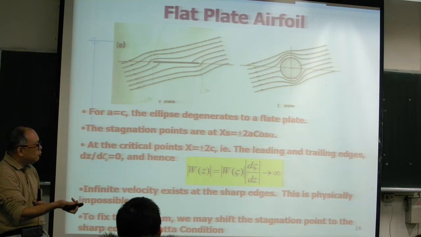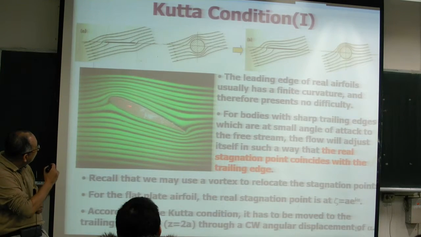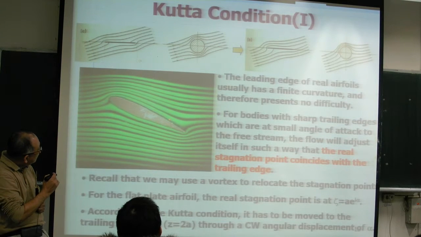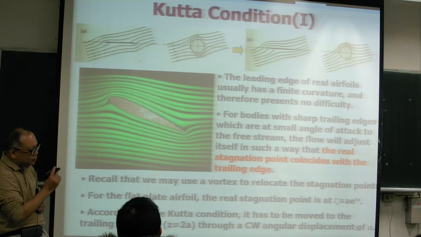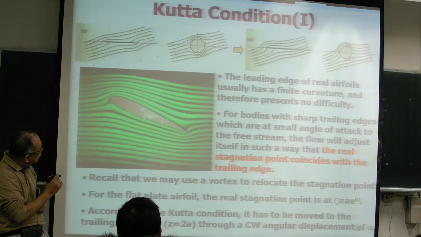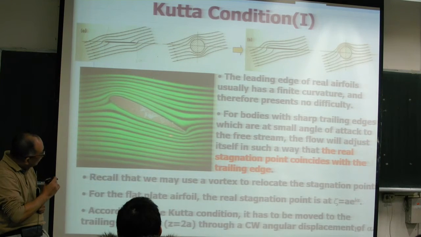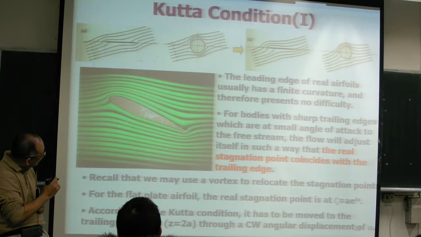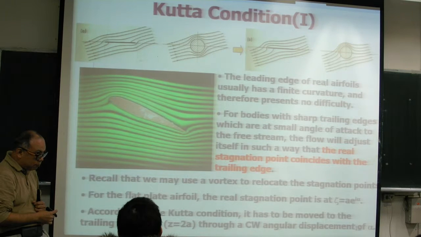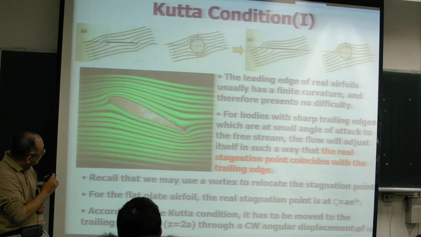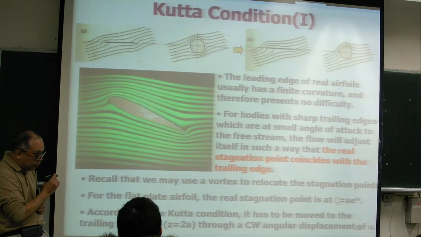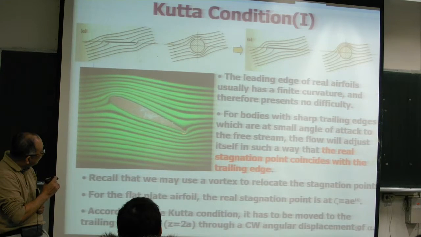And in real flow, as you can see, this is flow over the flat plate here. The original separation point is here, at this location. However, in real flow, we always find the separation point is very near the trailing edge. It cannot happen that the separation point is here. Separation will mostly appear near the trailing edge here.